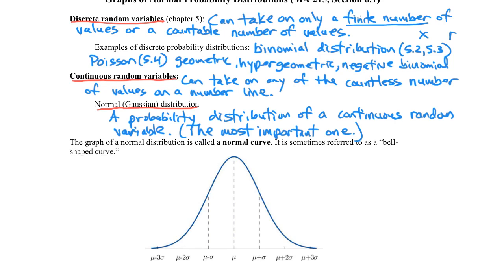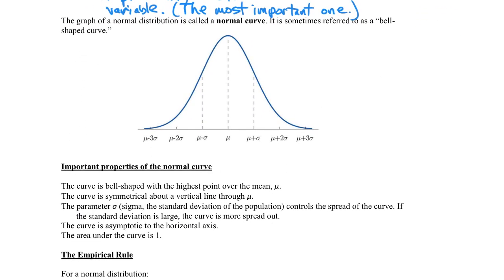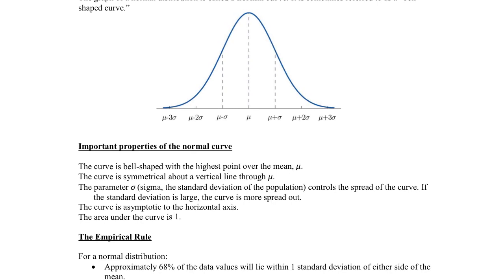And you probably have heard about this bell-shaped curve. So the graph of a normal distribution is called the normal curve. It's sometimes referred to as the bell-shaped curve for obvious reasons. And there are some important properties that we need to be aware of with this. So one of them is, the curve is bell-shaped with the highest point over the mean. So if you look down here, we've got the mean here, and it's the highest point of the curve.